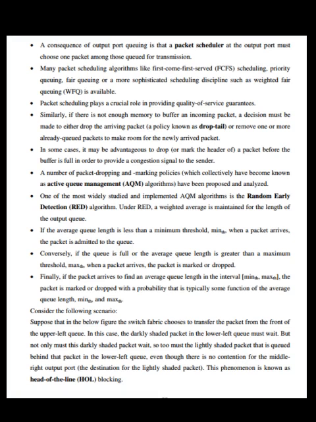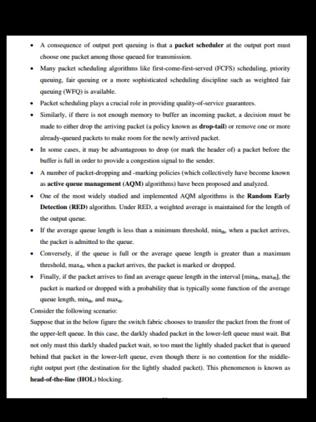Under RED, a weighted average is maintained for the length of the output queue. If the average queue length is less than a minimum threshold, min th, when a packet arrives, the packet is admitted to the queue. Conversely, if the queue is full or the average queue length is greater than a maximum threshold, max th, when a packet arrives, the packet is marked or dropped.